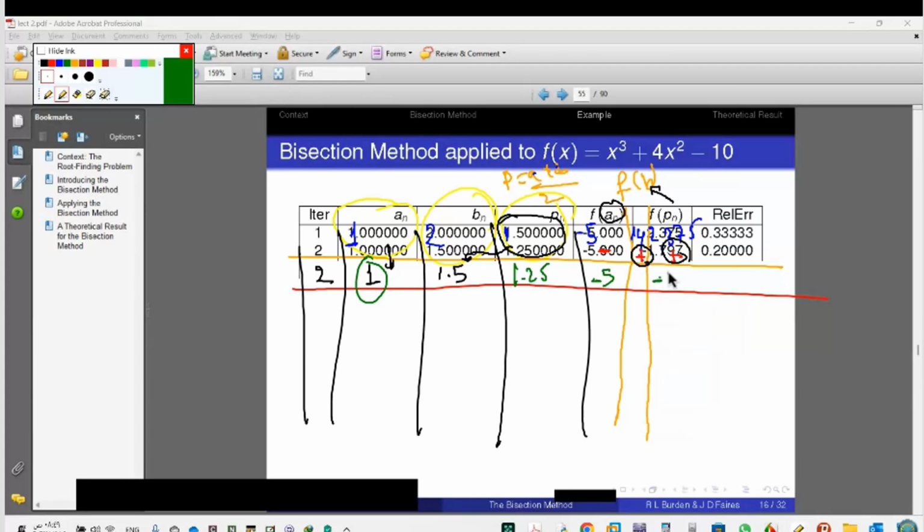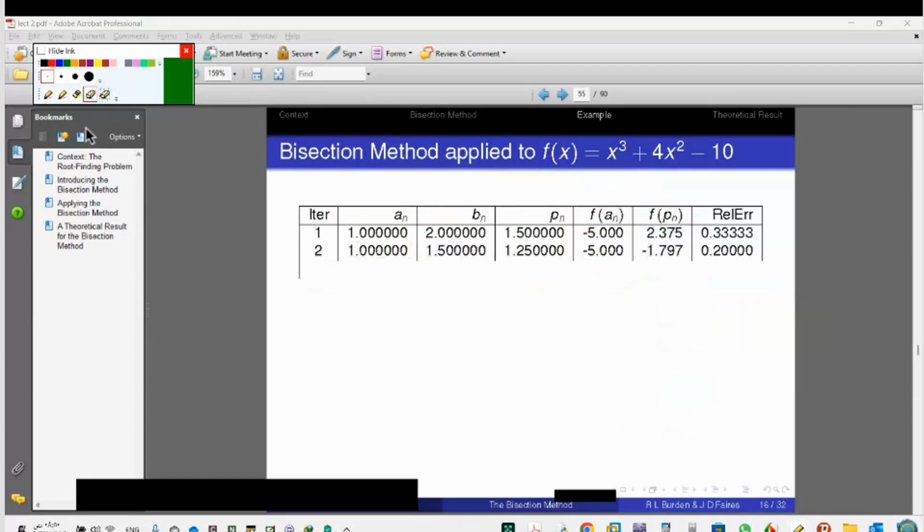It is minus 1.797, and this is B. F(B) is 14, sorry, 2.37. I will repeat again. F(P) here is minus, F(B) is 14 positive. Now for B it's 2.3 positive.